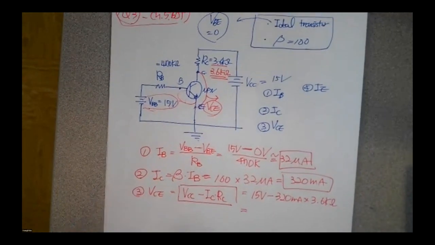So finally, after calculator, 15 minus 3.2 multiplied by 3.6.